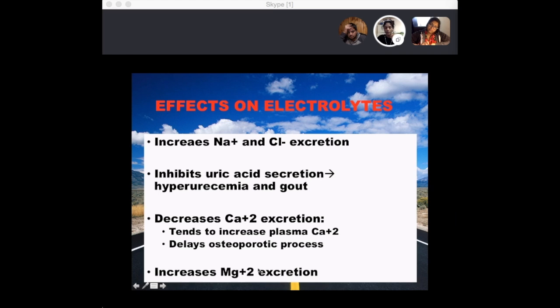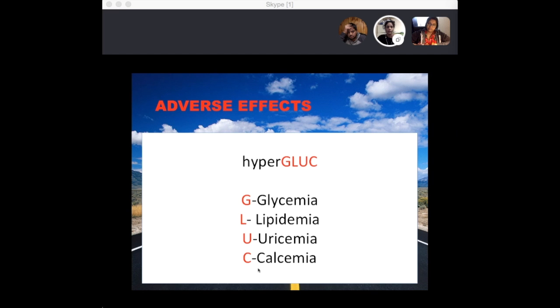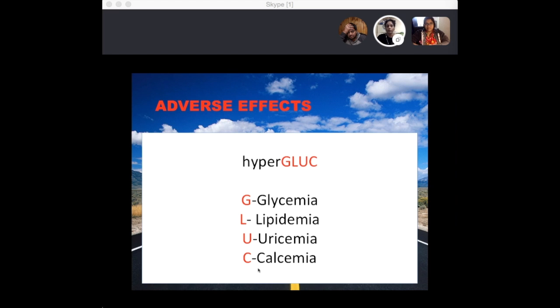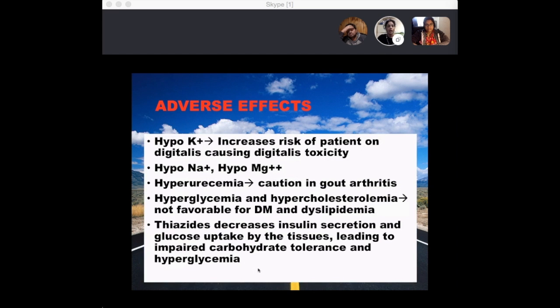It also increases magnesium excretion. A good mnemonic that First Aid has is HyperGLUC, which is hyperglycemia, hyperlipidemia, hyperuricemia, and hypercalcemia.